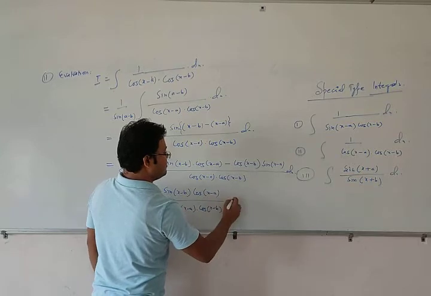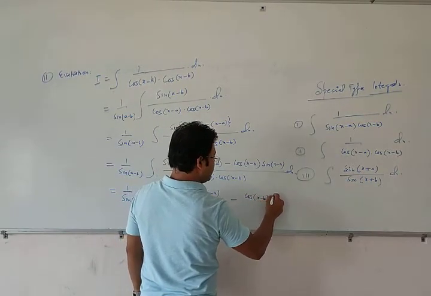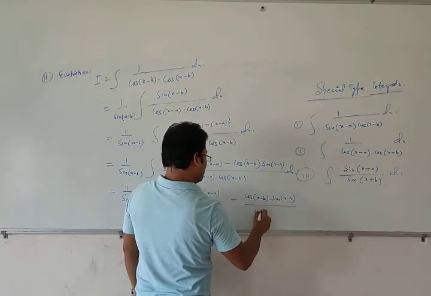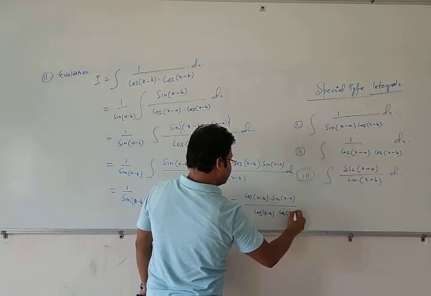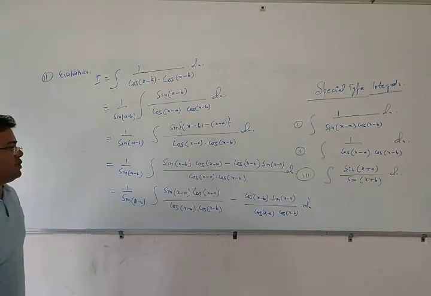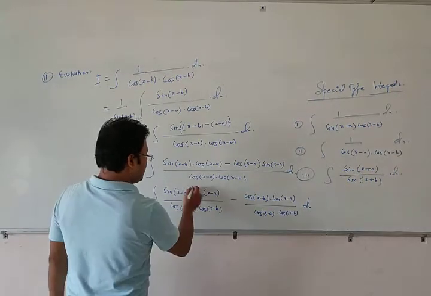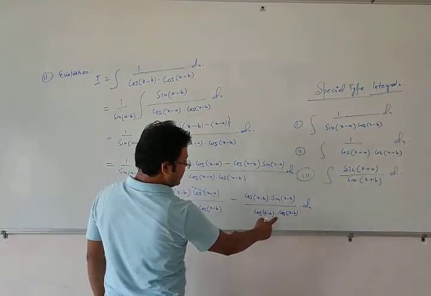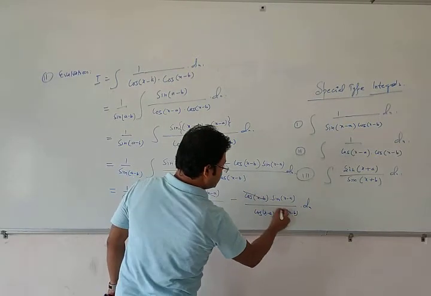Here the sign is negative, so we can put a negative sign: cos(x minus b) sin(x minus a) upon cos(x minus a) into cos(x minus b) dx. Which term is common in numerator and denominator? You can cancel it out. In the next part too, you can see a common term, so we can cancel it out.